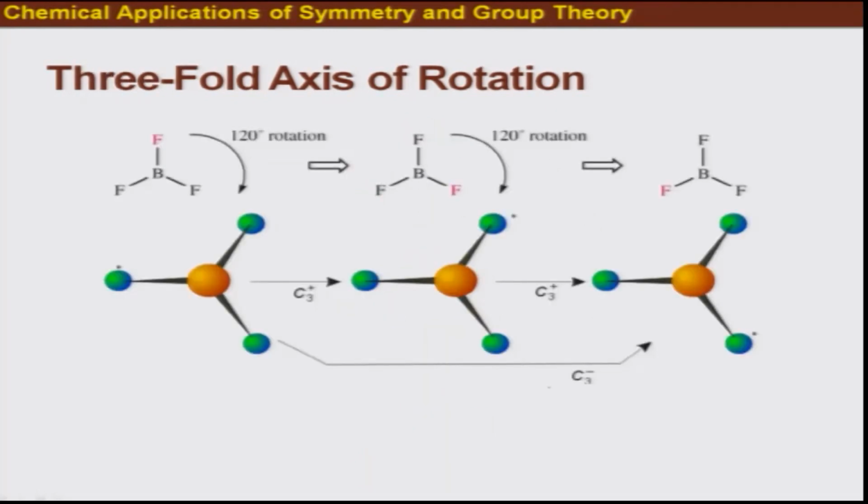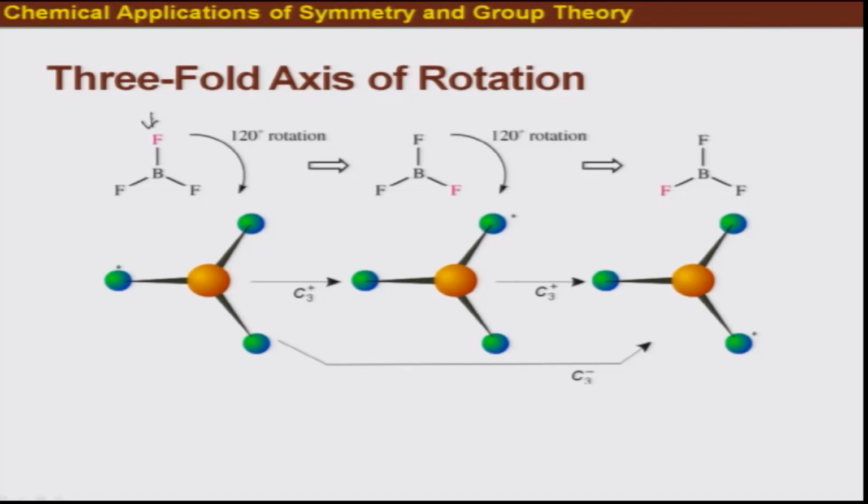Now let's come to a threefold axis of rotation, which we have already looked at in terms of ammonia. This is another example, which is boron trifluoride. Here you can see that one fluorine is marked by a different color than the other fluorines, so that you can actually distinguish them.